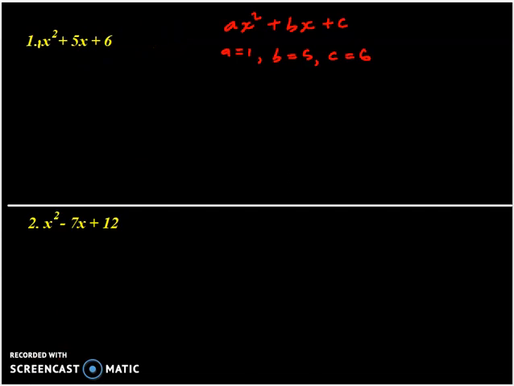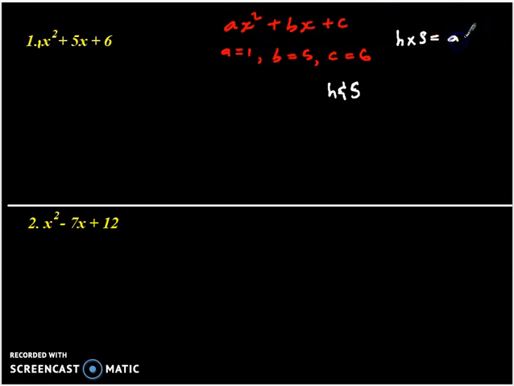Right? So the next thing we would do, in order to factorize this quadratic expression, is find two numbers. Let's call those numbers h and s. We need to find two numbers that, whenever you multiply them, h times s, should give you the product of a times c.